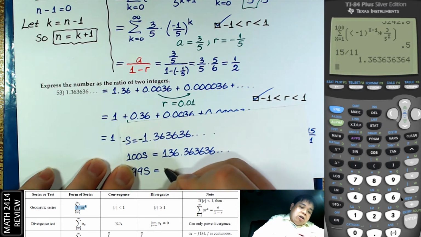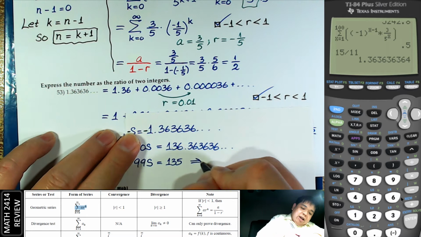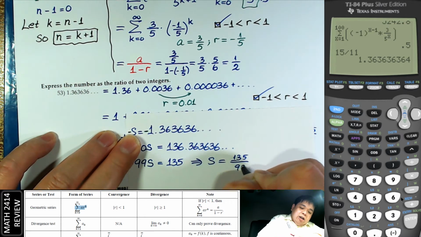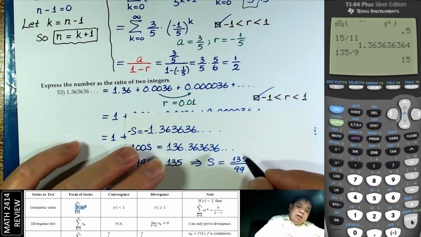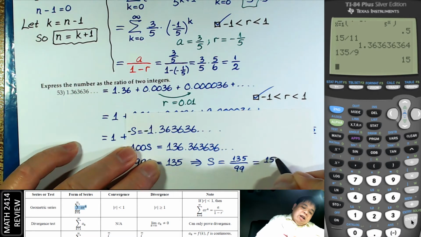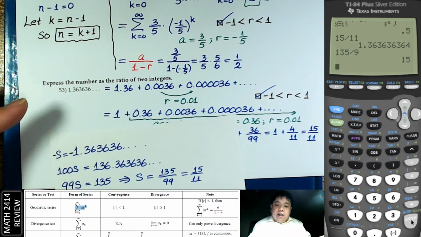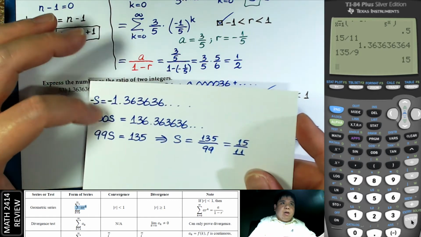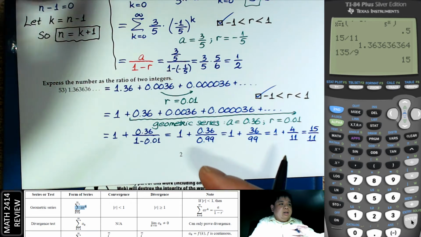That gives us 135 over s. So we have s is equal to 135 over 99, and 135 is divisible by 9. It gives us 15 over 9, 15 over 11. Right, so that should be the same thing as before. Of course, the way we do this is similar to the proof here.